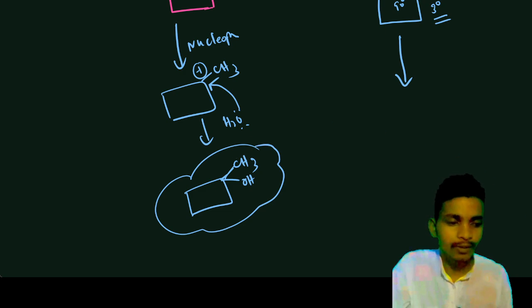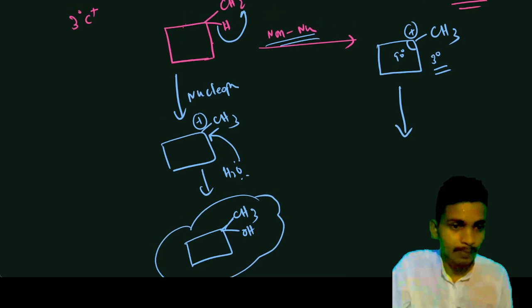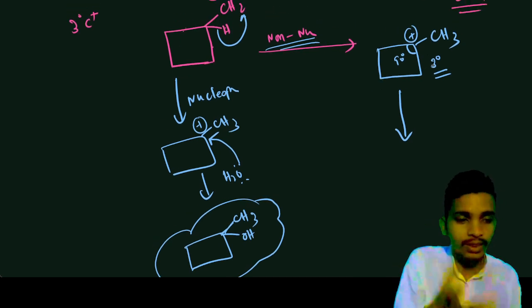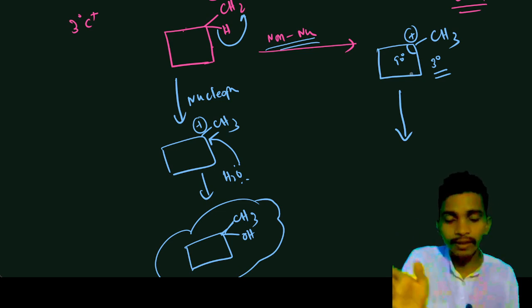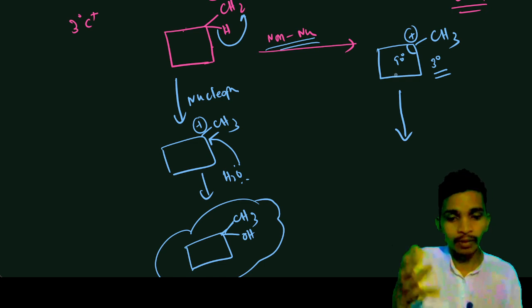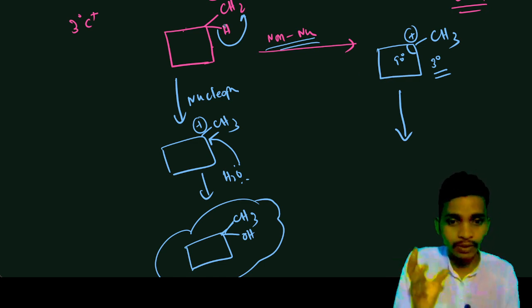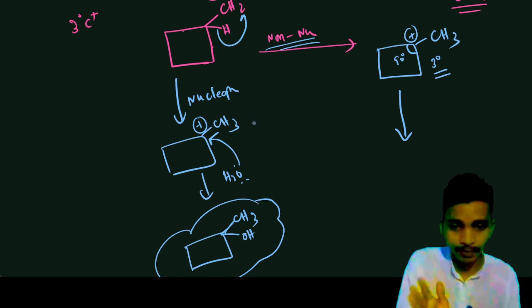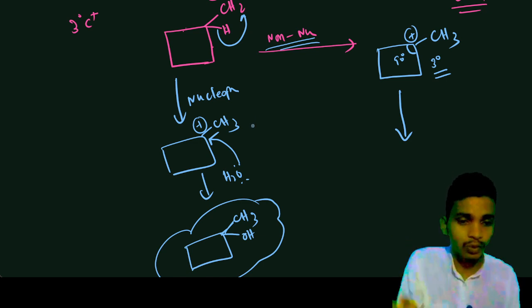Okay, if the medium is nucleophilic, fine, but if the medium is non-nucleophilic, then maximum possible rearrangement will happen, even though it is a 3 degree. Within that, whatever stable carbocation you get, at 1 degree carbocation the reactions never happen. It has to be either 2 degree or 3 degree.